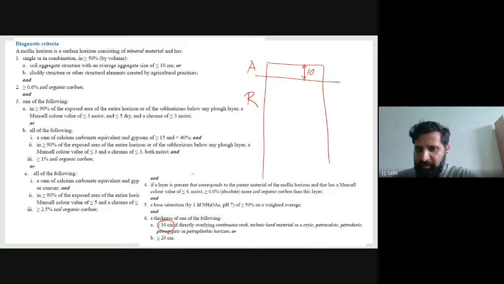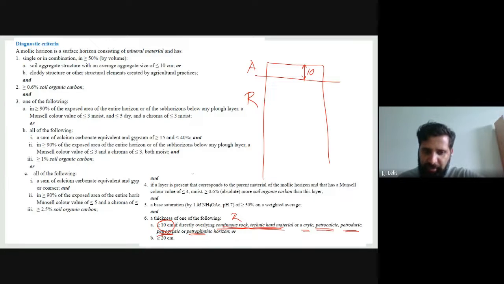This could be on continuous rock, technic hard material, material created by man, cryic horizon, petrocalcic horizon, petroduric horizon, petrogypsic horizon, or petroplinthic horizon. We will discuss these horizons in the next classes, okay?